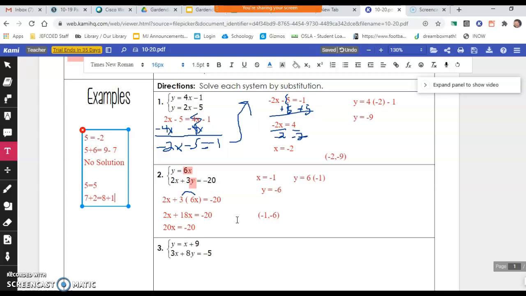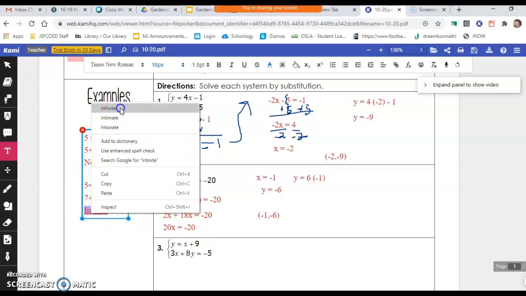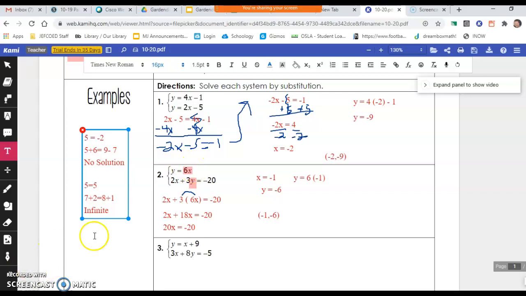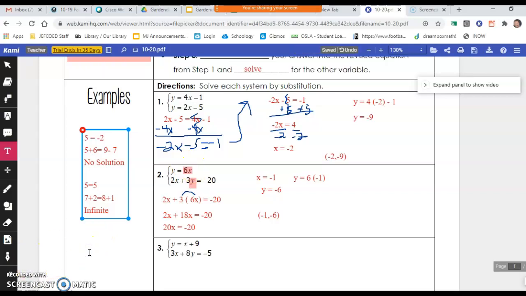Don't say they're equal. I want you to say a more simple term. Anybody? Are they the same? Yeah, so what type of line do you think they're going to graph? Same line. So what type of solution would that be? Infinite. Okay? My spelling is terrible. Infinite. Okay? So if you get something that looks like that, it's a no solution or it's an infinite.